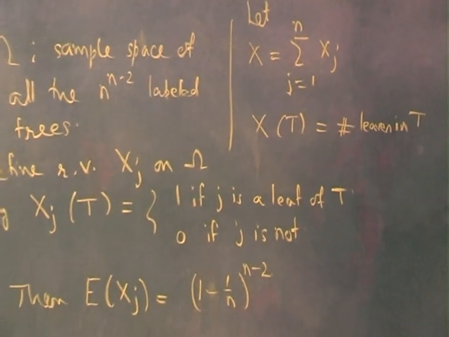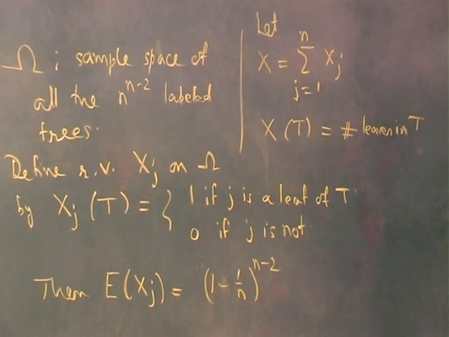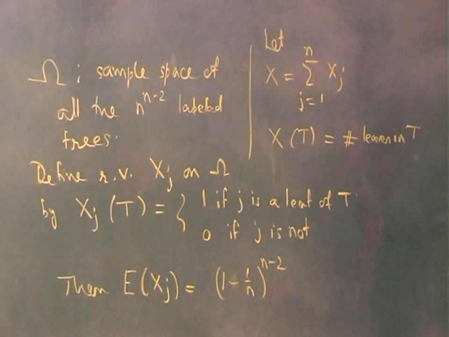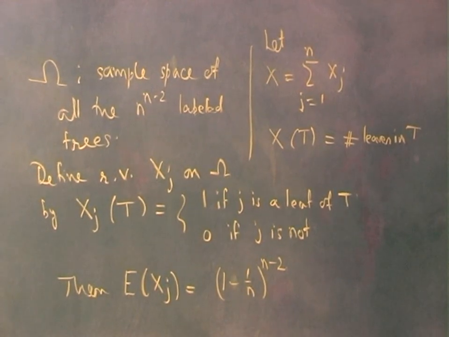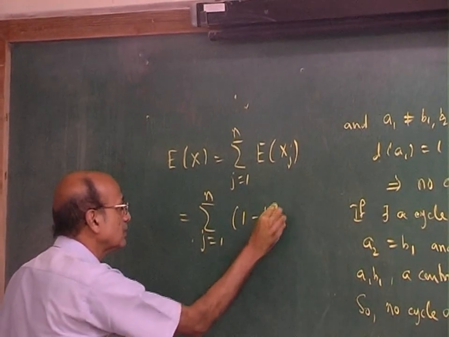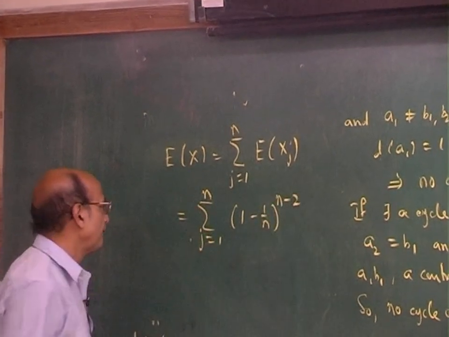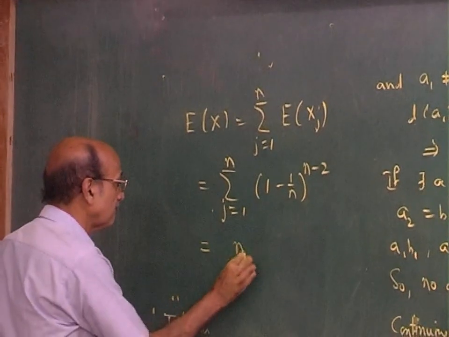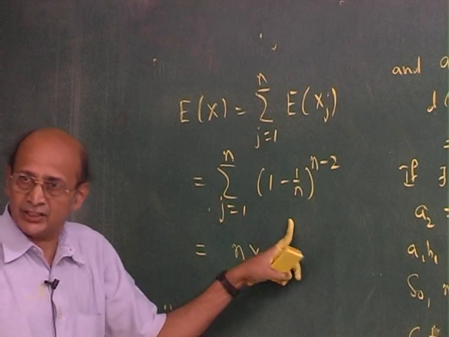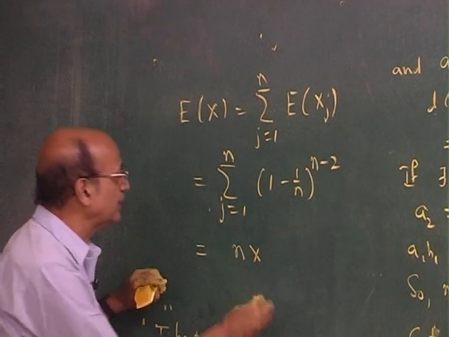Expectation of X is the sum of expectations of these. This is fixed now, n is fixed, so each summand is fixed, so I'll get n times this.